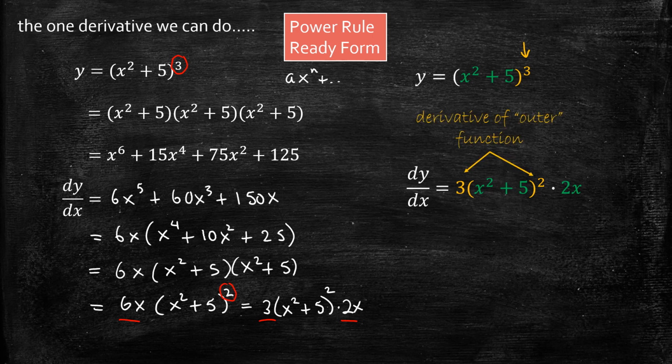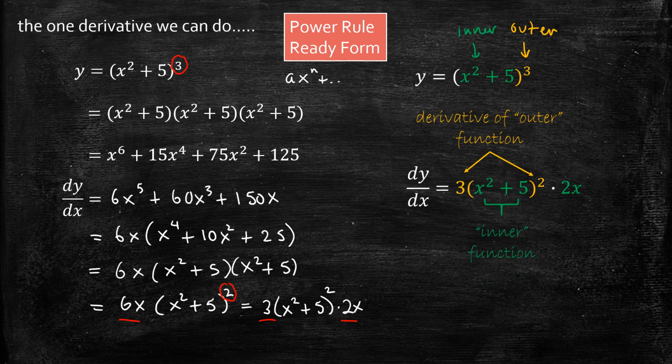In fact, the derivative of what I will call the outer function is just the power rule. So it's 3 times whatever is inside there, squared. And then the derivative of the 2x will come. This x squared plus 5, we know, is the inside function, so I'm going to call this the inner function.